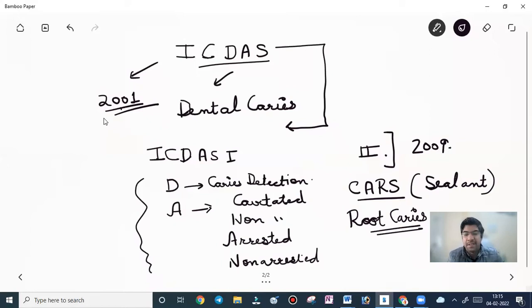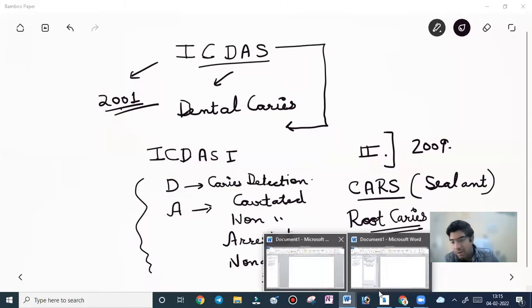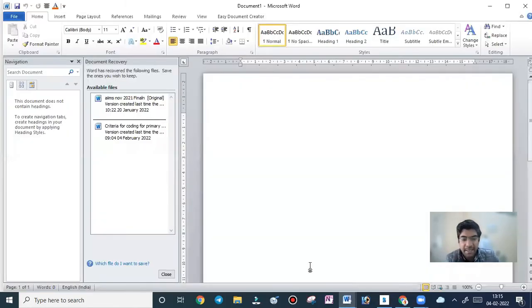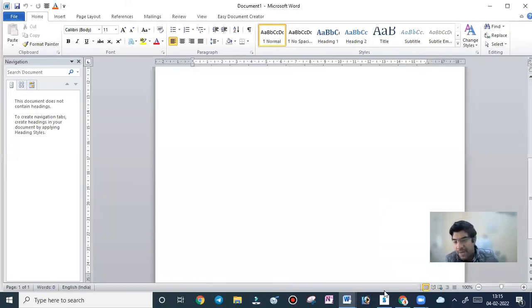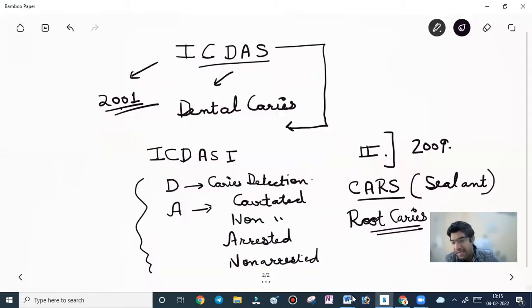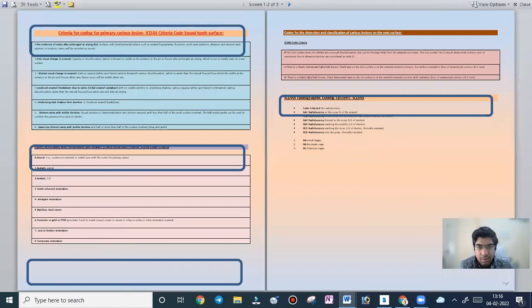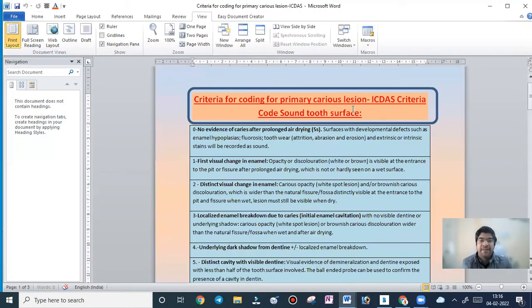Now let us discuss the criteria for the primary caries lesions. So, criteria for coding of primary caries lesion. Score 0 indicates no evidence of caries after prolonged air drying.